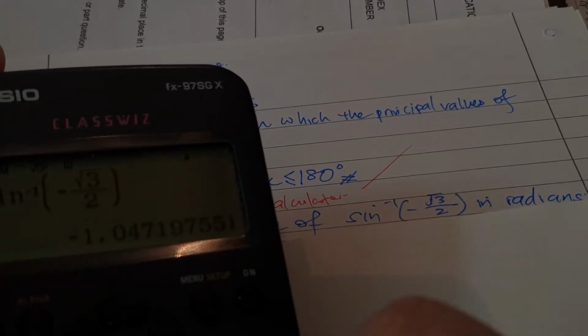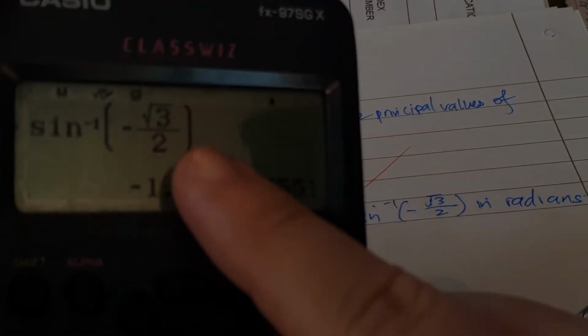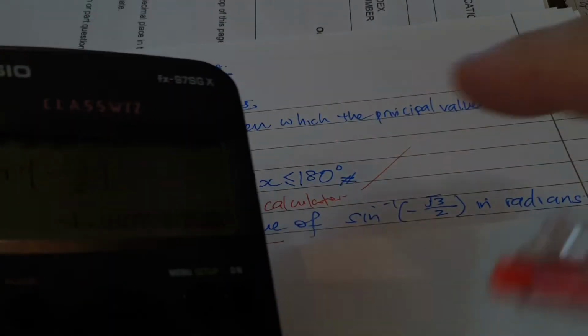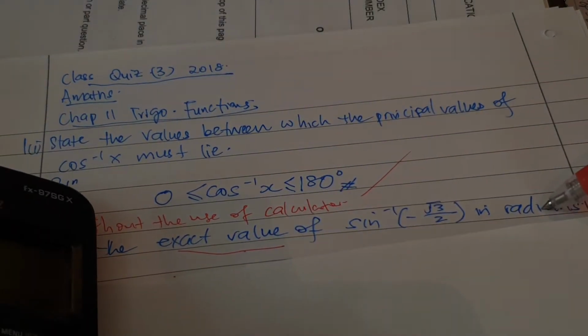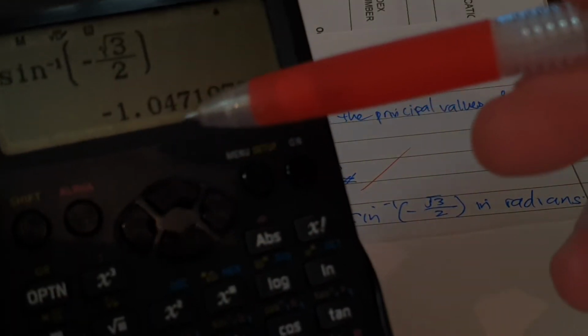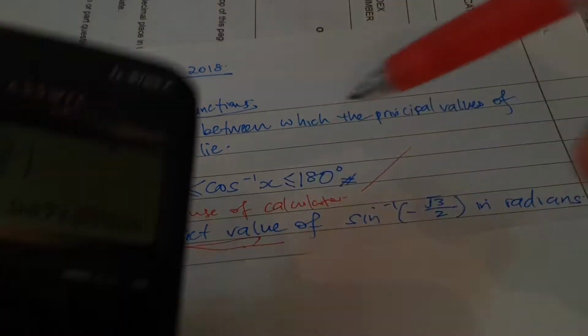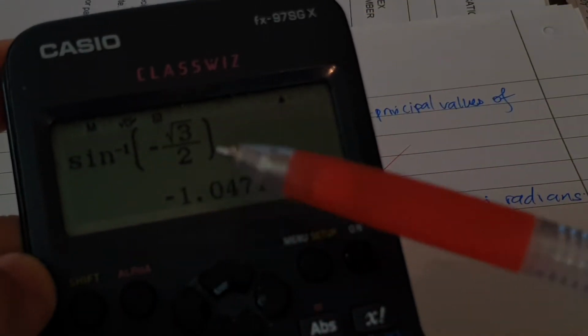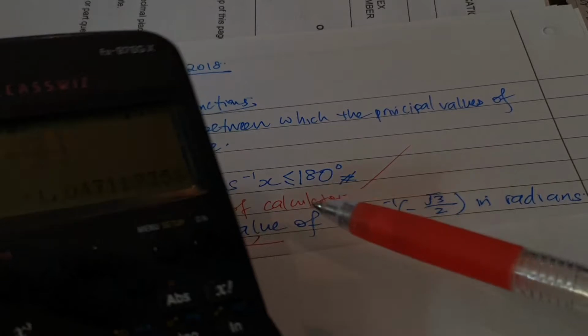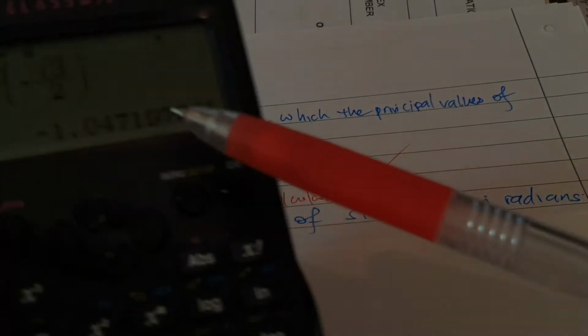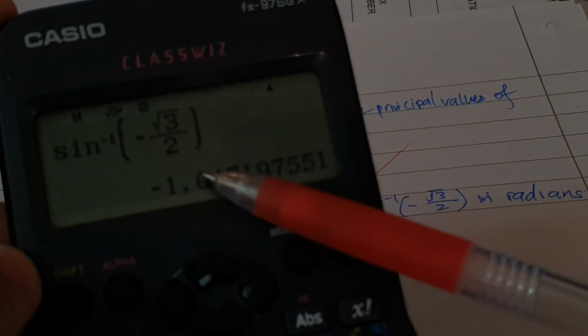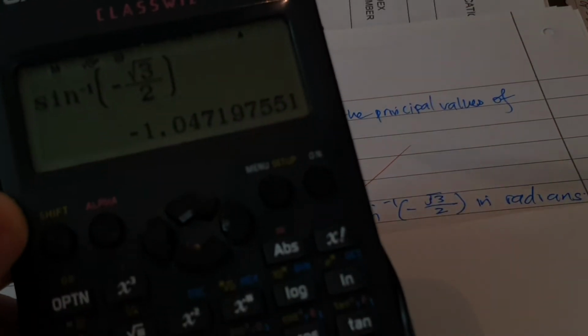And then you will get the answer. By the way, we use radian mode because they want it in radians. But because they want the exact value, this is not the exact value. When they say exact value, it means that this value is in terms of pi. So I'm teaching you how to use your calculator to write in terms of pi.